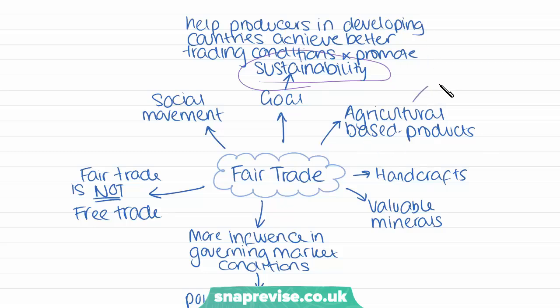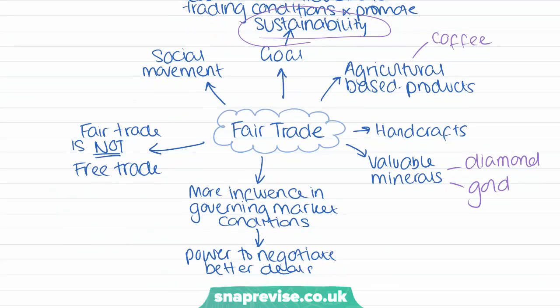One kind of very common agricultural-based product which is involved in fair trade is the production of coffee, and also things like handcrafts and valuable minerals such as diamonds and gold found in less economically developed countries. And fair trade is to help them and the producers not to be taken advantage of by larger countries and so on, so that they achieve the best trading conditions possible and they get what they deserve for the resources that they sell on.